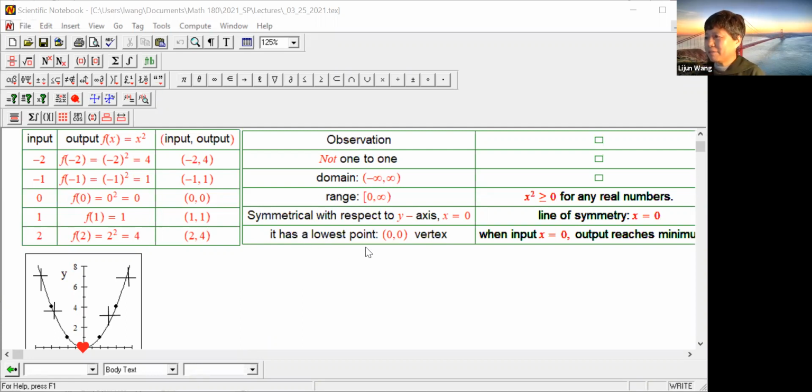It is also an even function. I'm going to put it here. It is an even function. Absolutely. And what else?